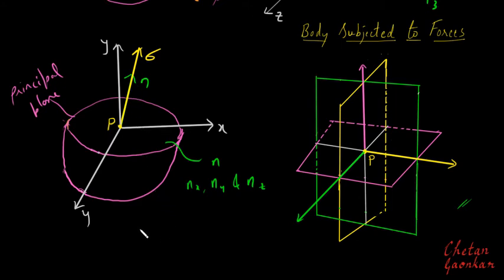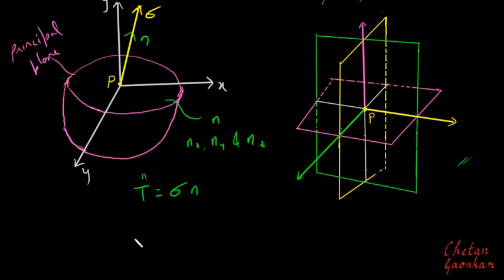So the normal stress vector, or the resultant stress vector Tn, can be given as sigma times n. And the components of this stress vector: Tnx, which is in the x direction, is nothing but the projection of sigma on the x-axis, which is the cosine of that angle, and in terms of direction cosine it is written as nx.